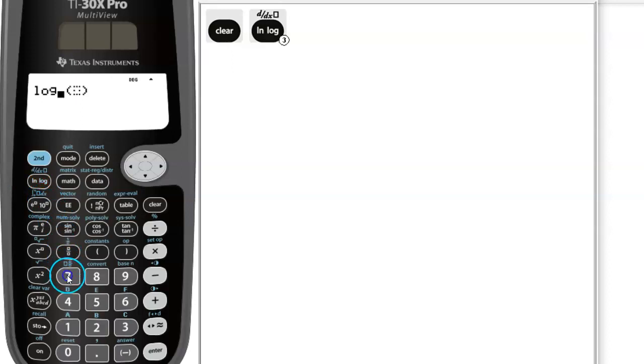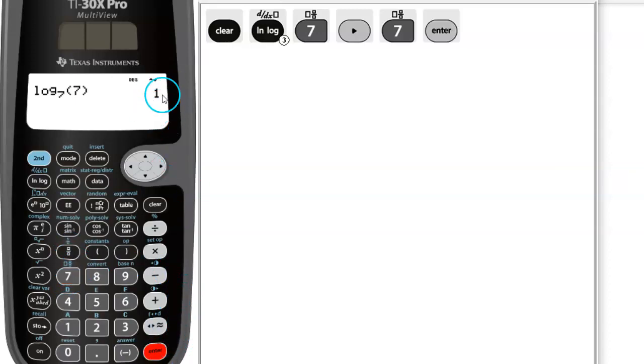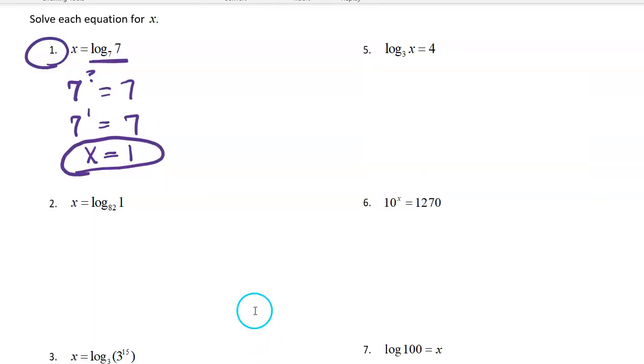So this is a base 7 log, and then you want to arrow over, put a 7 inside there, and then hit enter. All right, and you can see the outcome there is 1. So we figured out the 1 just by using our brains, but then we also saw the calculator was able to give us a 1 if we needed it.